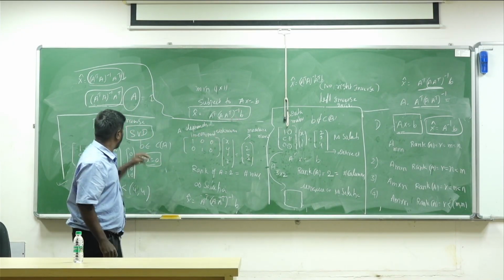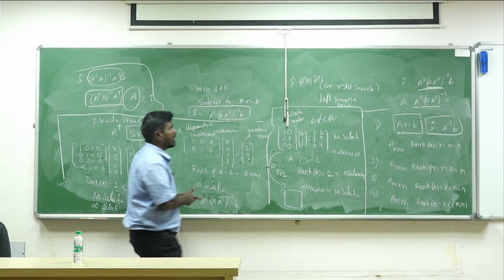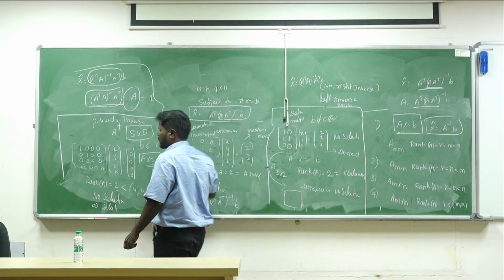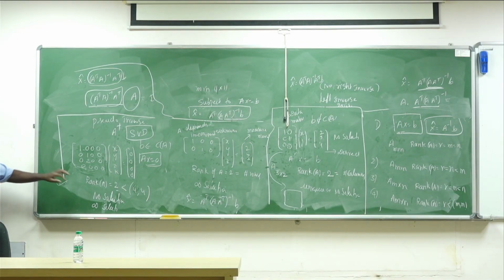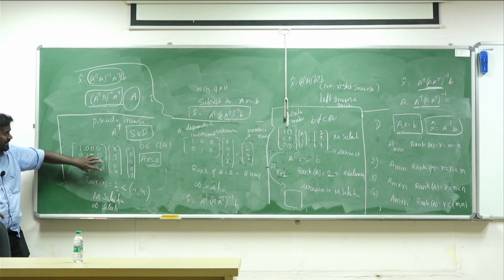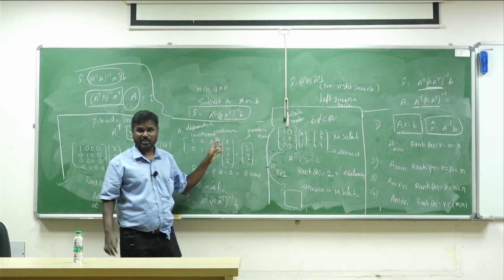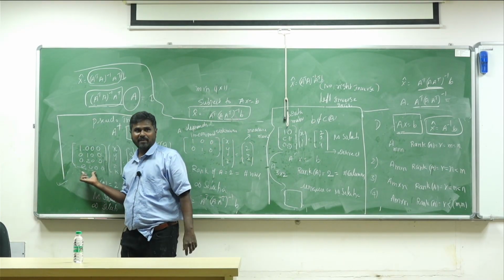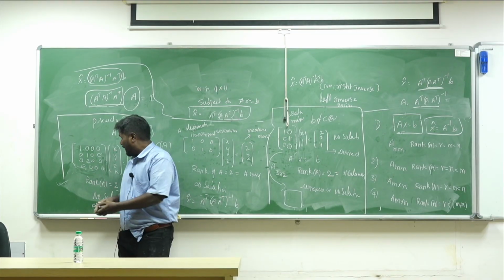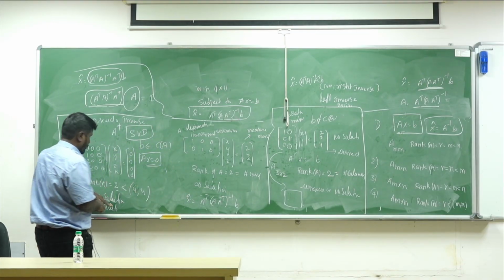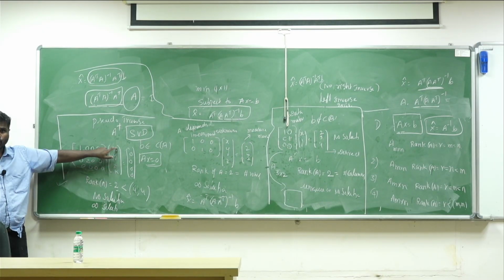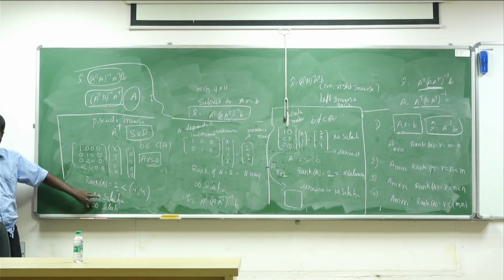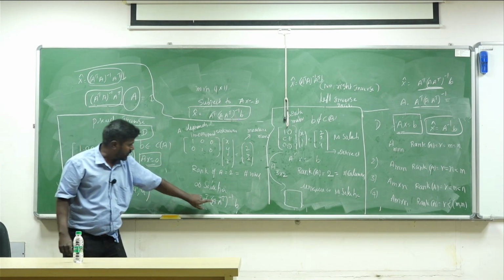The reason is that the pseudo inverse involves A transpose A and A transpose. It takes you to either this solution or this solution, depending upon the rank.